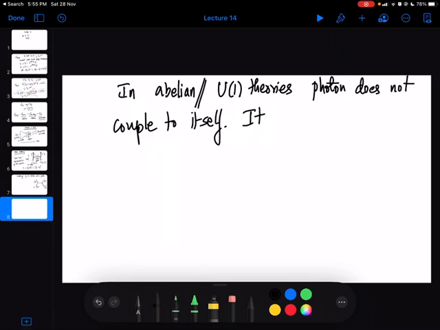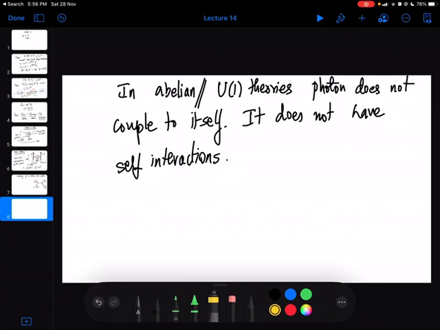In other words, you also hear this a lot: it does not have self interactions. So the photon does not couple to itself, it doesn't have interactions with itself.